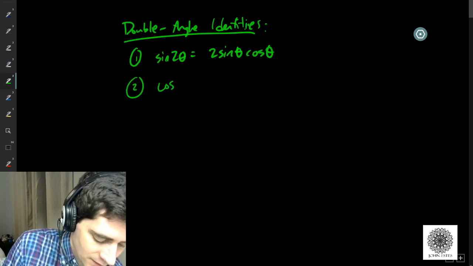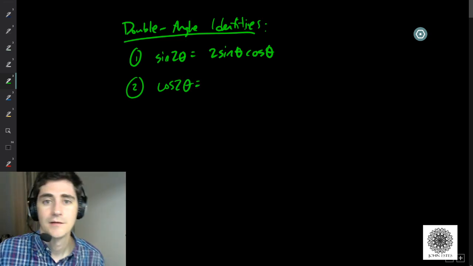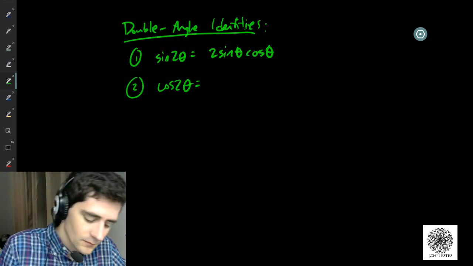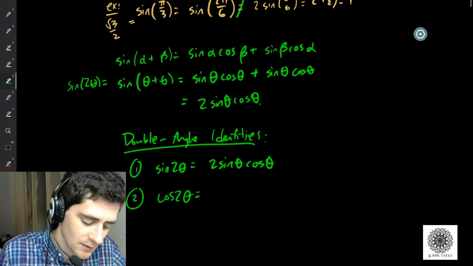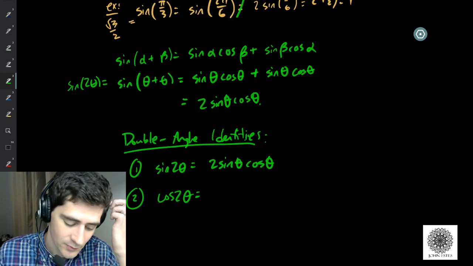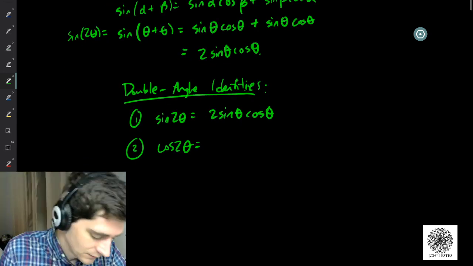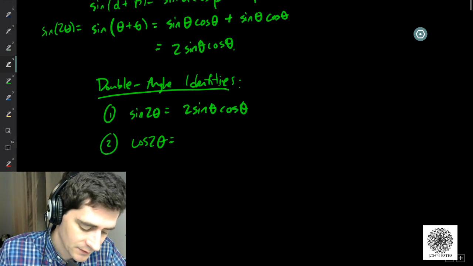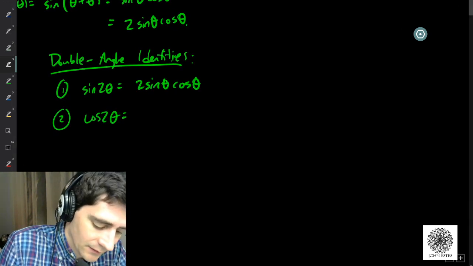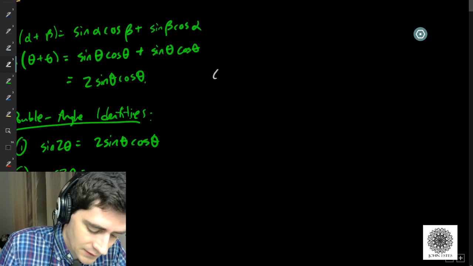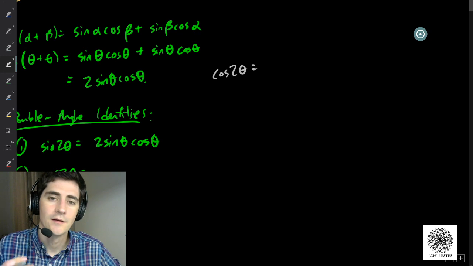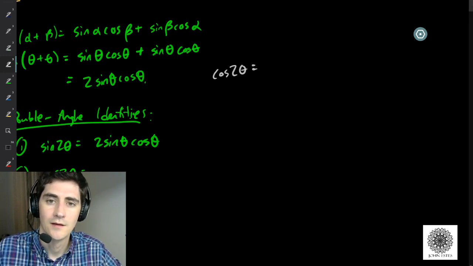All right, cosine 2 theta actually has more than one formation. So you play the same game, except you use cosine alpha plus beta. Let's do it real quick. All right, so I'm going to come over here on the side, and let's think about cosine 2 theta. So I'm going to apply again cosine theta plus theta, right?